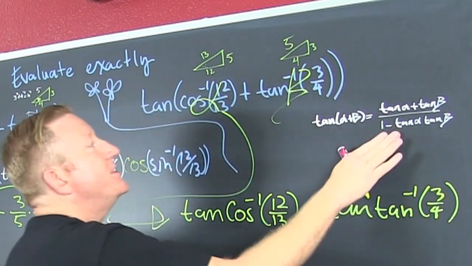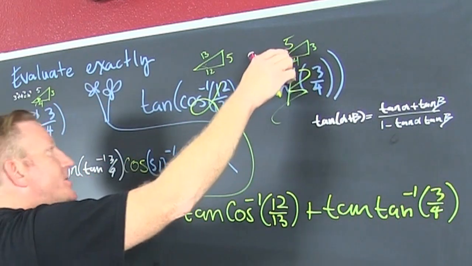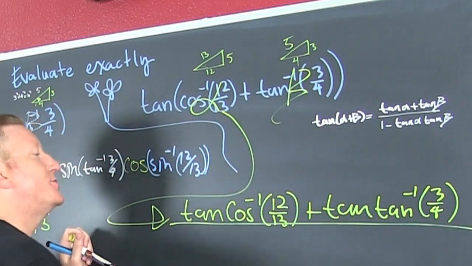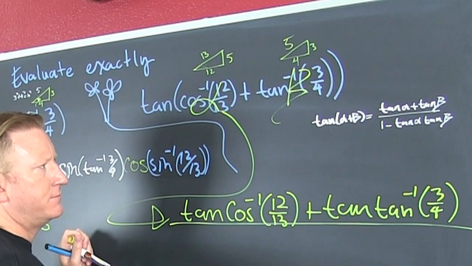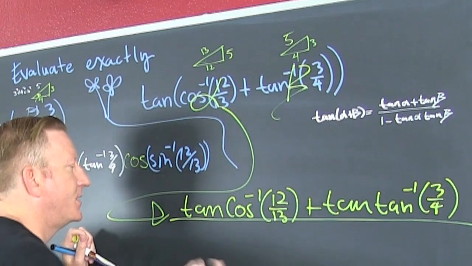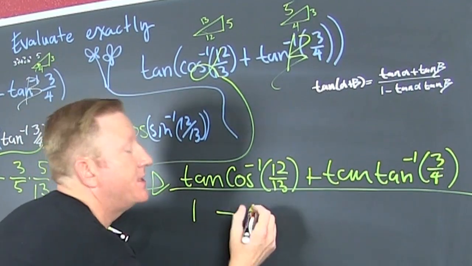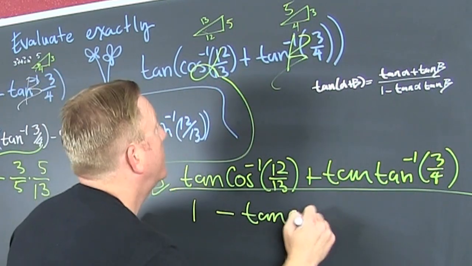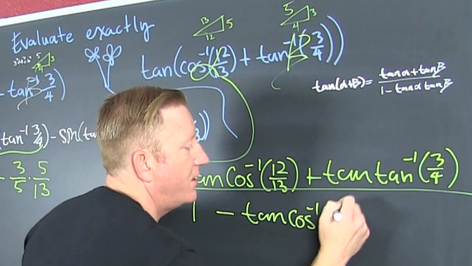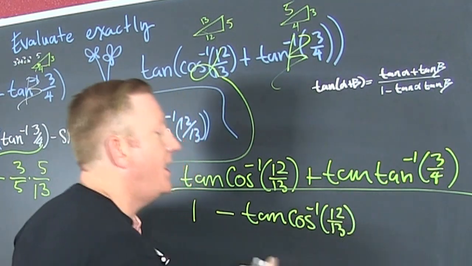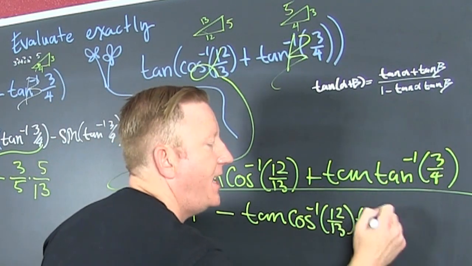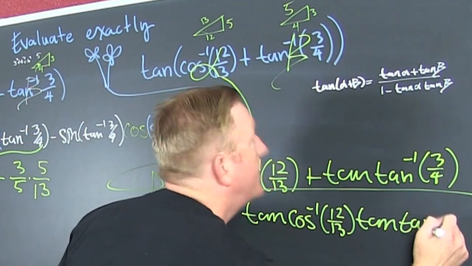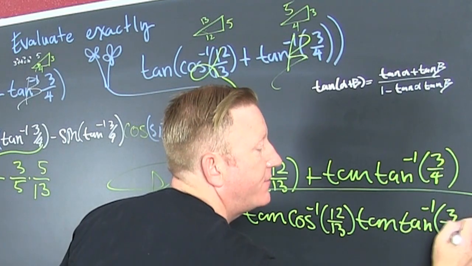I'm using a trigonometric identity and a right triangle to evaluate the tangent of the sum. So then I go down and that's minus the tangent of my alpha, the cosine inverse of 12/13, multiplied by the tangent of my beta, the tangent inverse of 3/4.